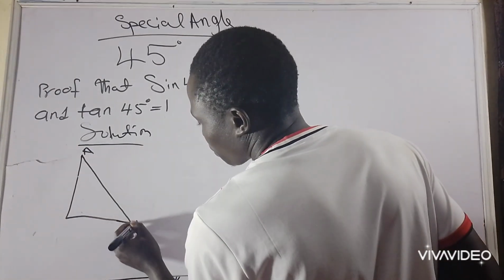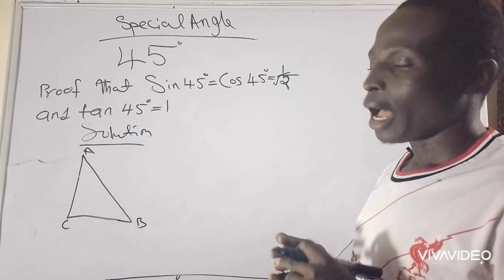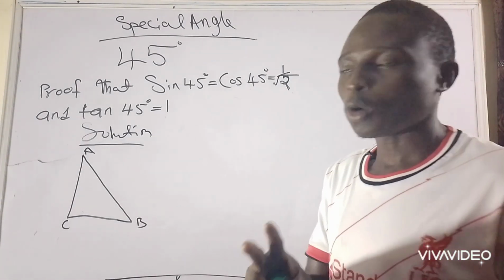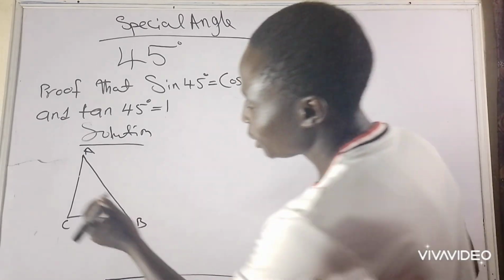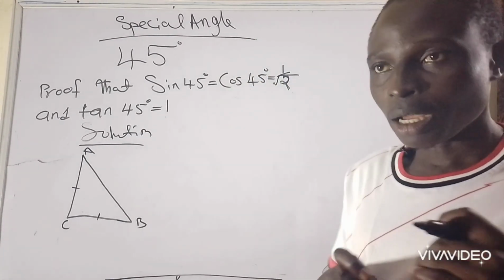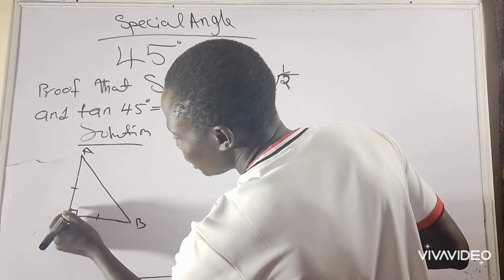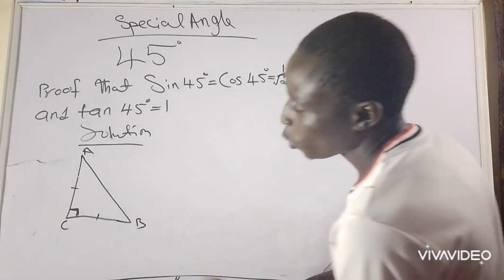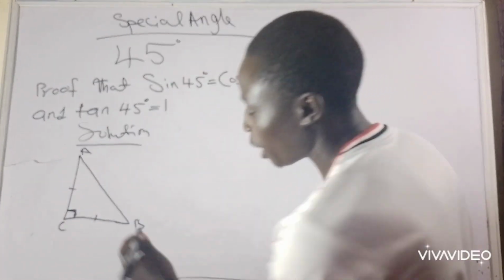Let's call it A, B, and C. Isosceles means two sides of the triangle are equal, so this side is equal to this side. And right angle triangle means one of the angles is 90 degrees. So this side is equal to this side, and two angles are equal.